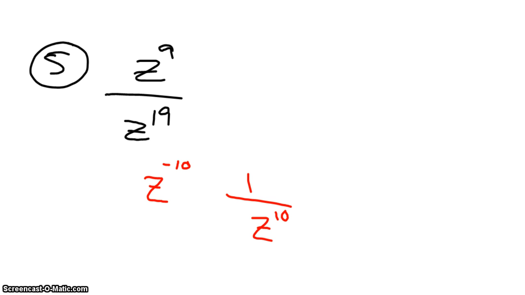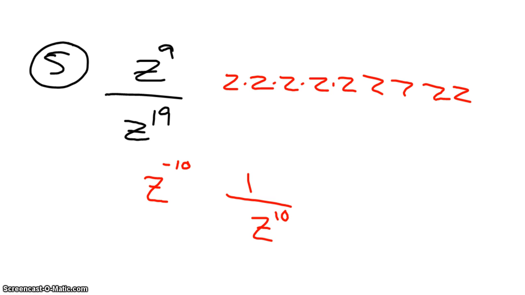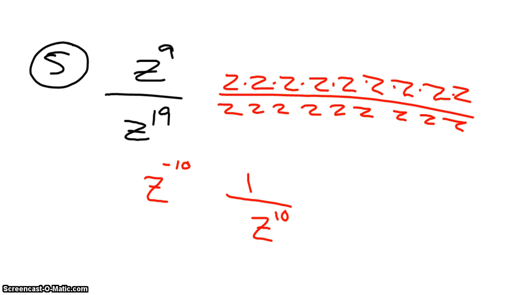Okay, so if you were to expand this, like we did the first question we looked at today, we would have 9 of the z's in the numerator. 1, 2, 3, 4, 5, 6, 7, 8, 9. And in the denominator, we actually have 19. Ooh, I don't have room. 1, 2, 3, 4, 5, 6, 7, 8, 9. And z to the 10 more, right? Just to be brief. Okay, so when we cancel these, what did we say we get? 1.